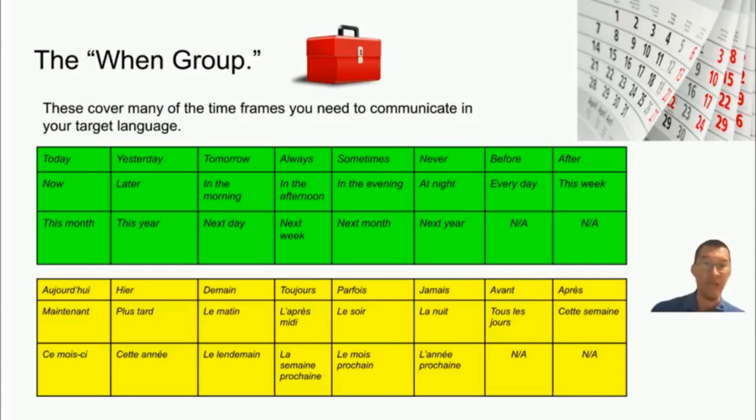That covers the whole day, more or less. Every day, this week, this month, this year, next day, next week, next month, next year. So that covers a wide gamut of time frames that you can use once you understand and master these vocabulary words in your when group.